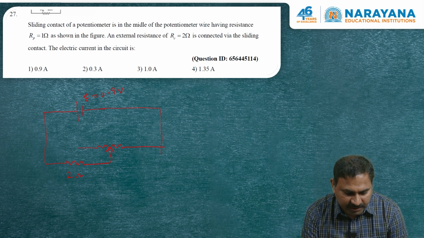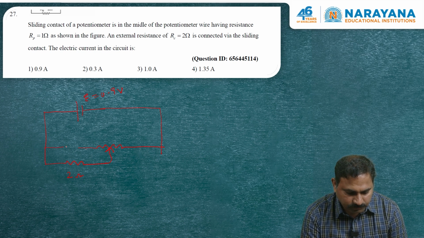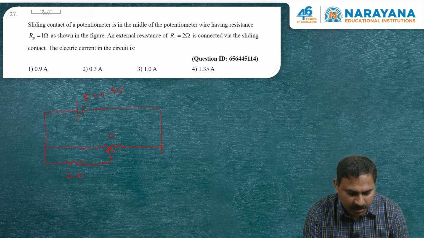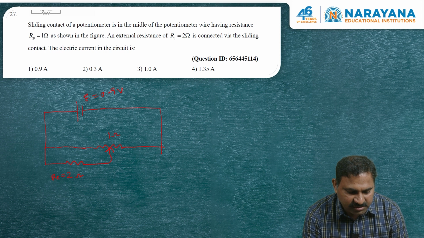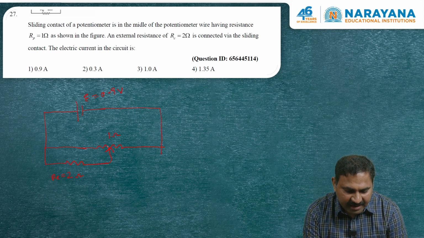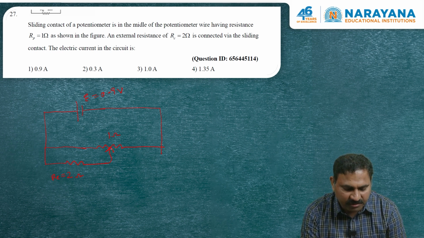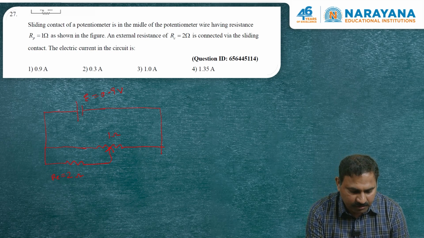The resistance of the potentiometer wire given is 1 ohm, the external resistor is 2 ohm, and the voltage of the cell given is 0.9 volt. Now the sliding contact is kept at the midpoint of the potentiometer wire, and we are asked to find the current in the circuit.